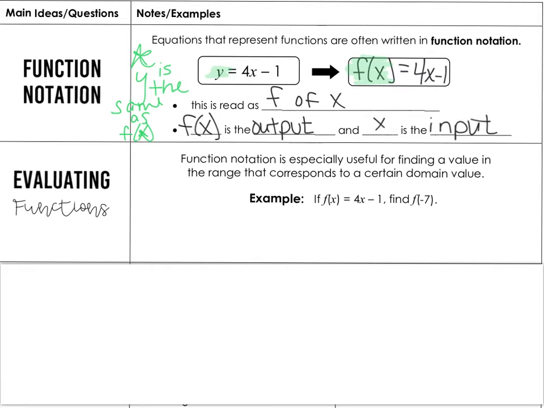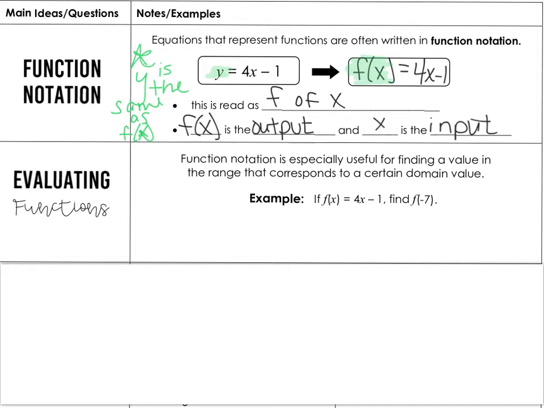So as far as evaluating a function, which is really what we're going to do this whole lesson, it's really substitution. Function notation is especially useful for finding a value in the range that corresponds to a certain domain value. Really, we're going to take a number and plug it in.